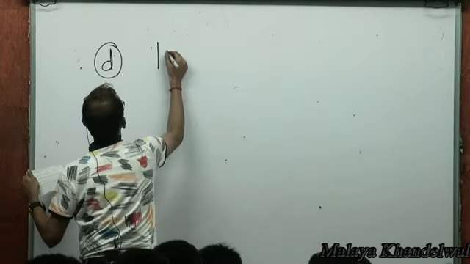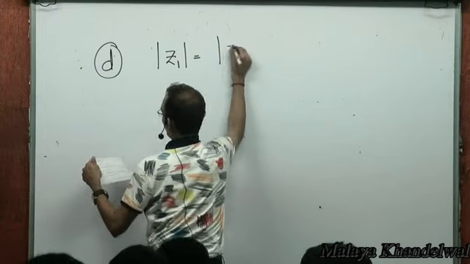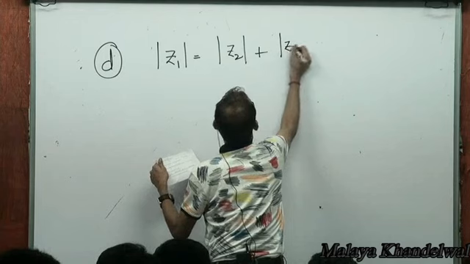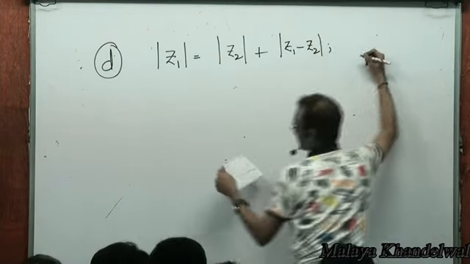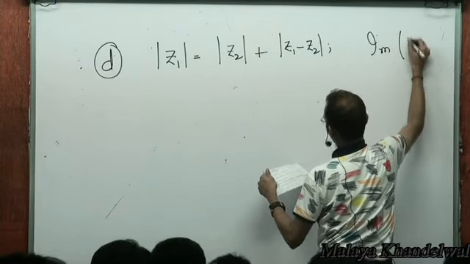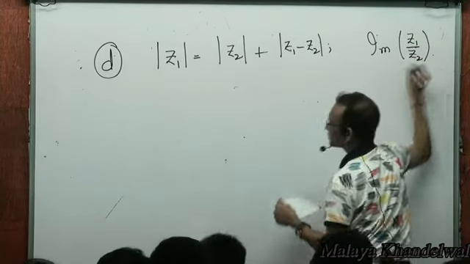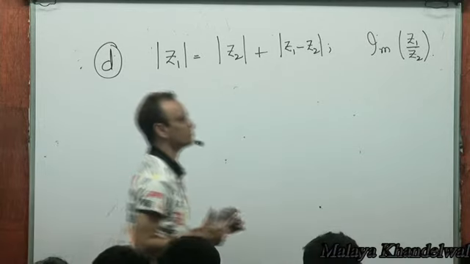Z1, Z2 are two complex numbers such that mod Z1 is mod Z2 plus mod Z1 minus Z2. This wouldn't be log, this must be imaginary. Imaginary part of Z1 by Z2 is what we need to find. Must be imaginary part, it's a typo.